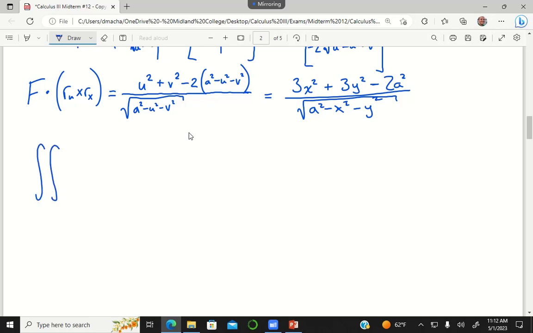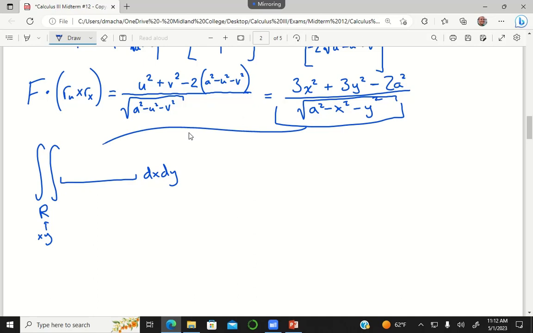So we're going to integrate over some region, and that region is going to be a region in the xy plane because my variables of integration are dx dy. And the integrand that belongs here that I'm integrating over is actually this whole thing.